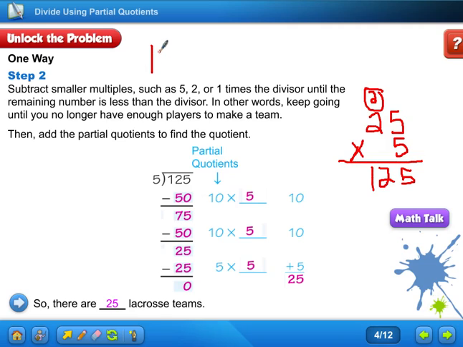So 125 divided by 5 definitely equals 25. Remember, multiplication and division are just inverse operations. So you can do one and then do the opposite to check your answer.